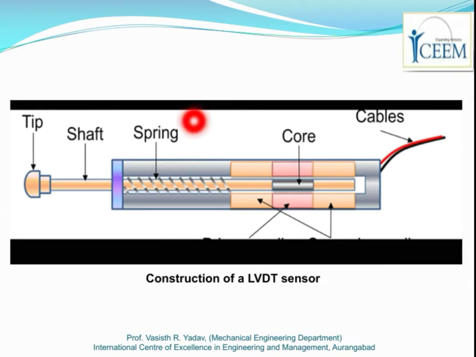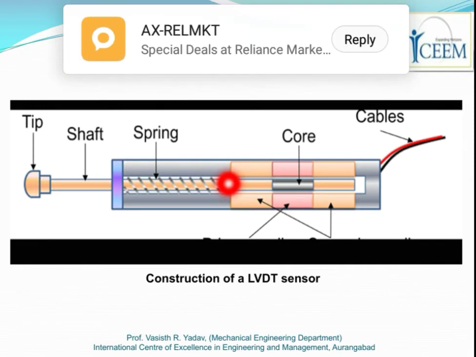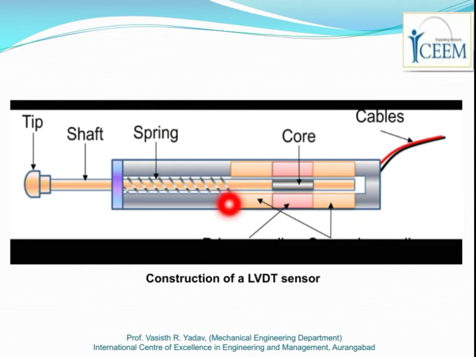In this tube we place 3 coils, and these 3 coils are symmetrically spaced along the tube. Next, the central coil is the primary coil, and the other 2 are secondary coils.